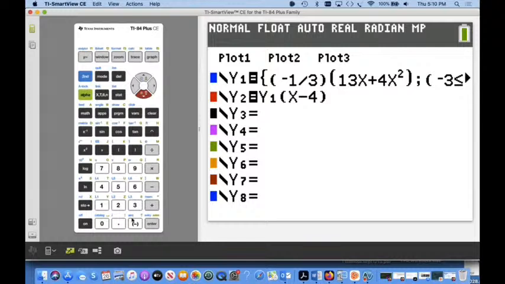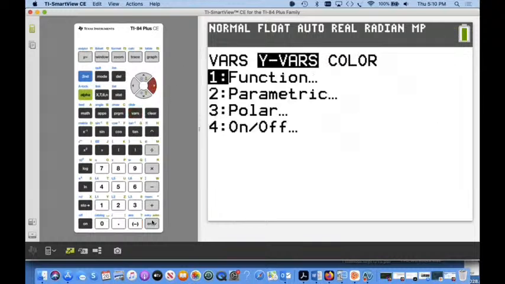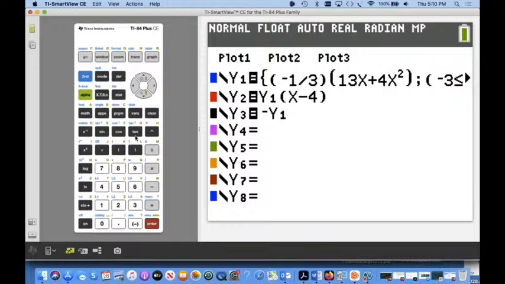Okay, so that's a negative y1, and that was of one half times x minus 8. Maybe a parentheses in there? Oh, good catch.